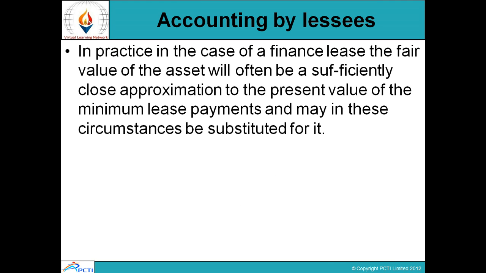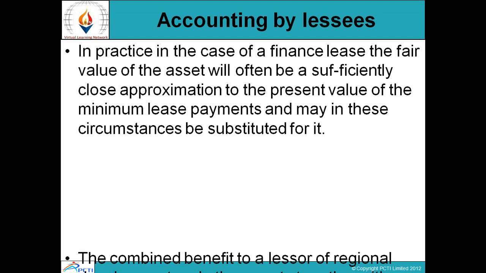Accounting by lessees: in practice, in the case of a finance lease, the fair value of the asset will often be a sufficiently close approximation to the present value of the minimum lease payments and may in these circumstances be substituted for it.